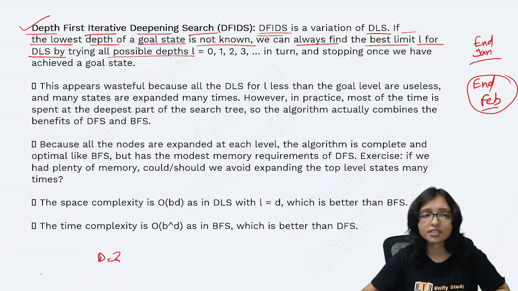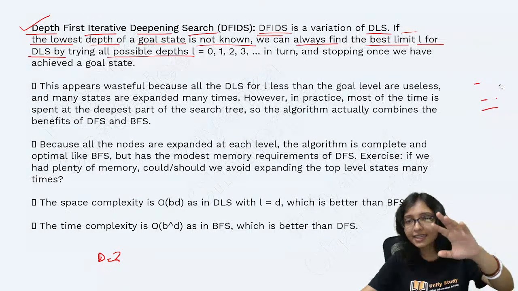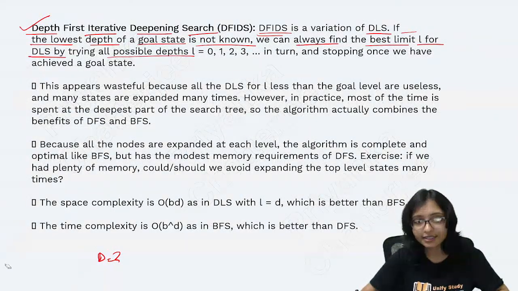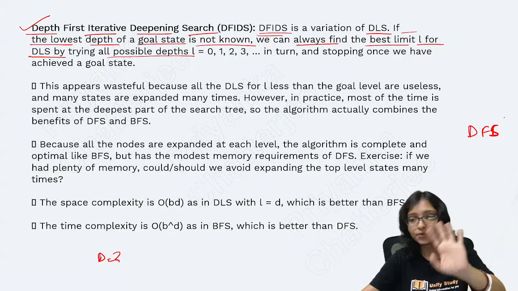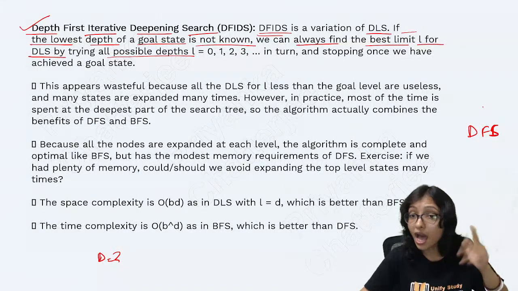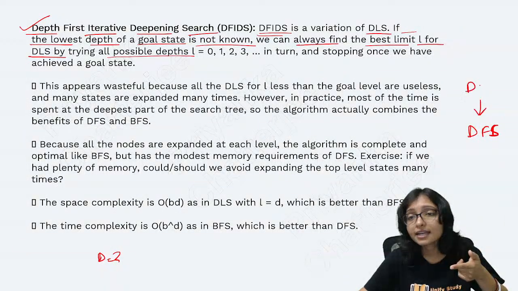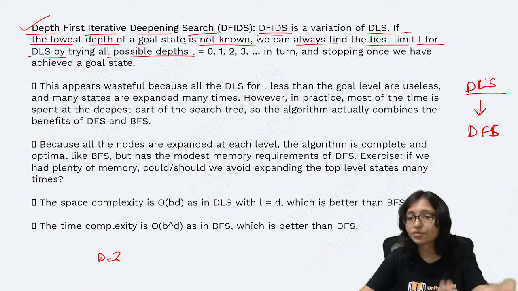So what is the concept? If you know DFS, it is like we are adding layer by layer. What are the layers? First of all, the concept was DFS, depth first search, which we learned yesterday. After that, depth limited search, where I am limiting the depth.